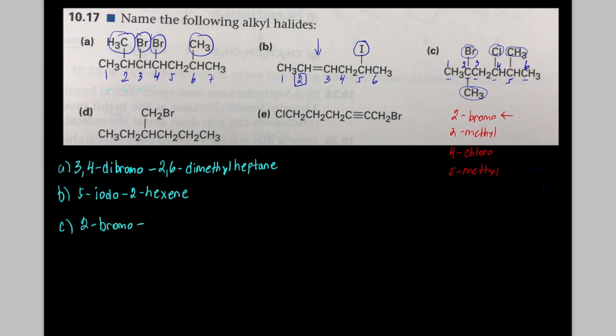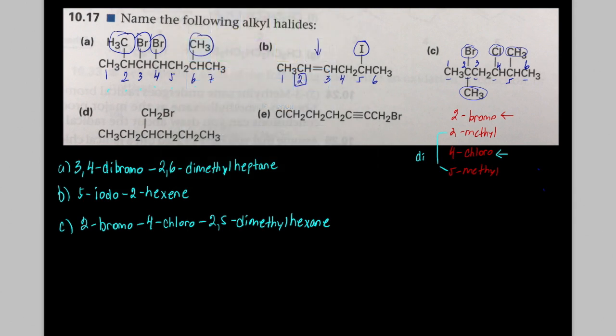Then next what we'll do is tag on this 4-chloro. And then remember, if you have 2 methyl groups, we use the prefix di to indicate 2 of those. So we'll do 2,5. Remember, you need a number for each of their locations. Dimethyl. And then we'll end this off with a hexane. So that's how you would do that one.